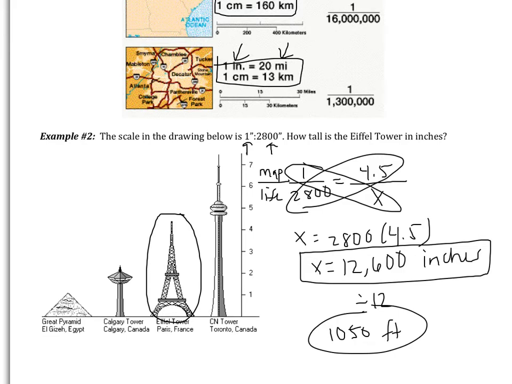It's probably going to be a little bit off of that. And in fact, the height is around 986 feet in real life. So we're a little bit off. We're off probably because the drawing is not 4.5 inches. It's probably a little more or a little less than that. Okay, let's move on to the next page.